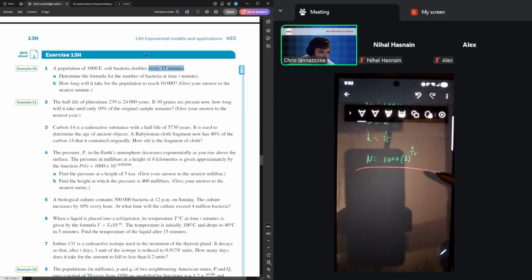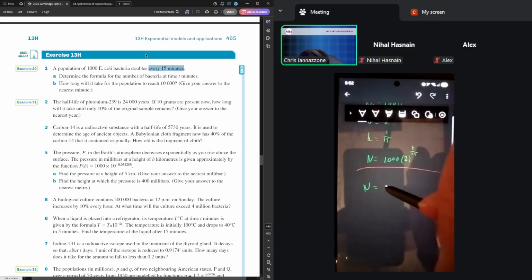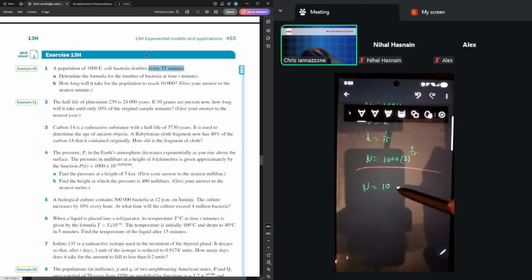So that means at time t equals 0, there are 10 grams. In other words, we have our N equals N0, where N0 is the 10, the base we're choosing is the 2, and all we have left is the kt. We need to now solve for k in order to complete our equation before we can answer any questions.